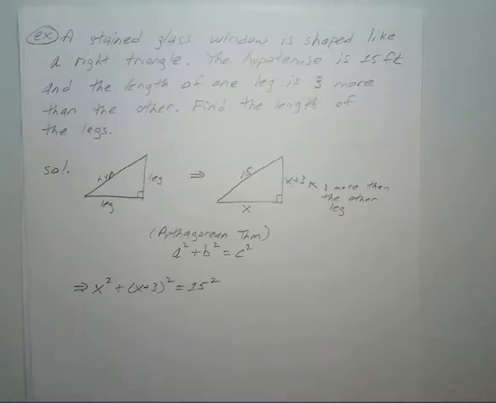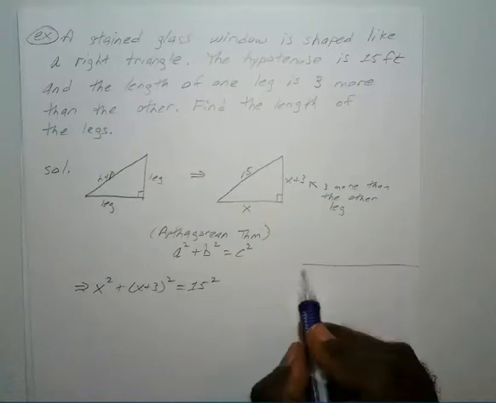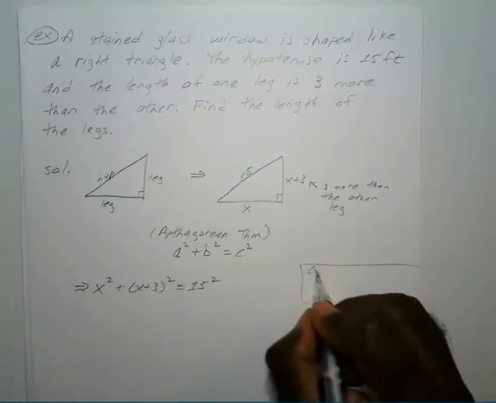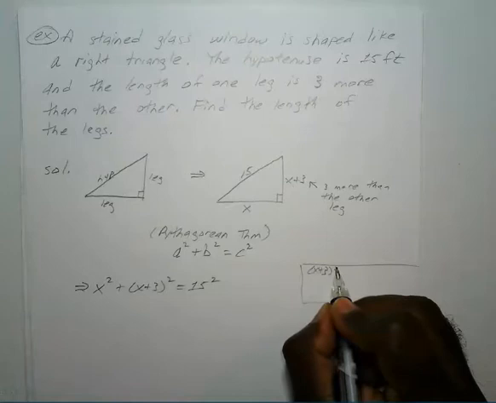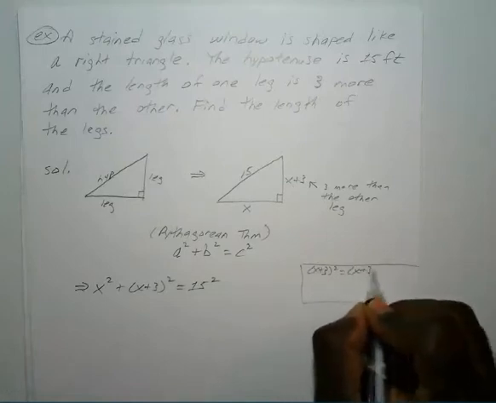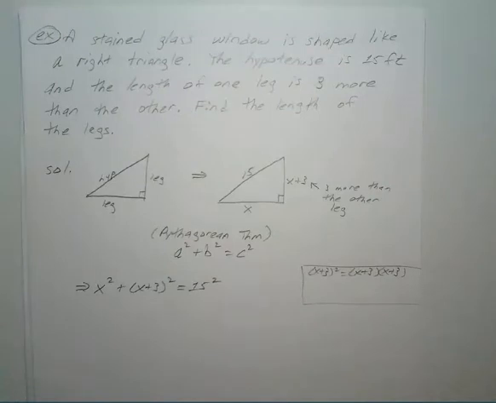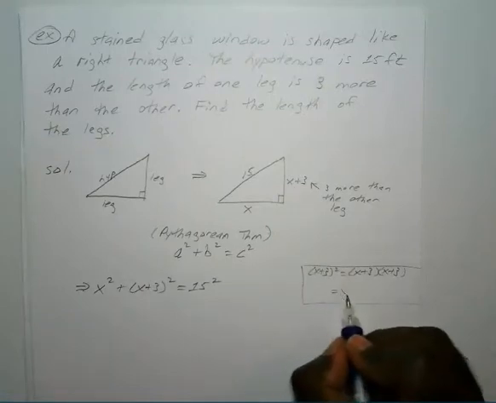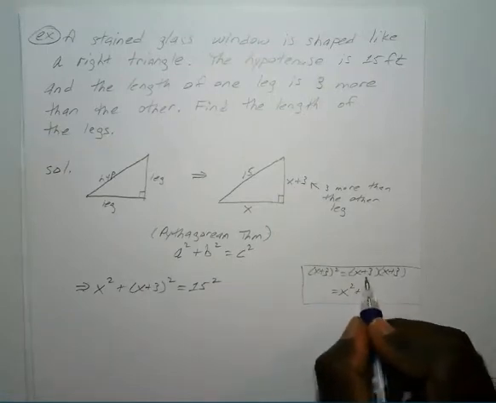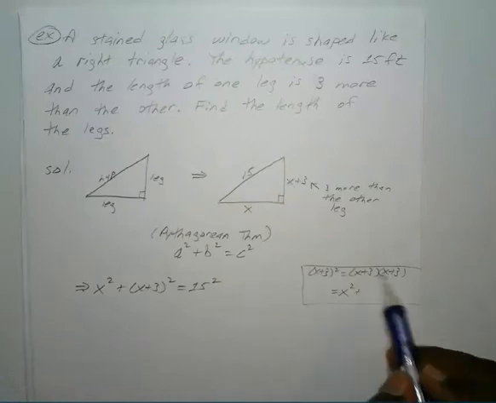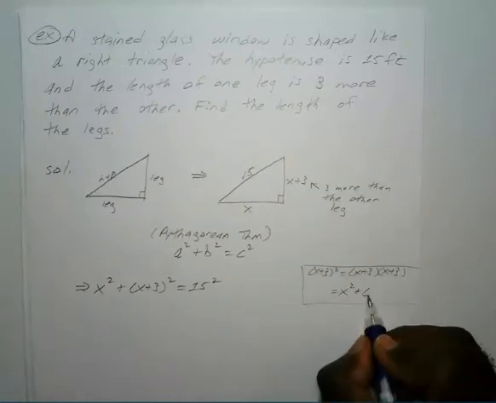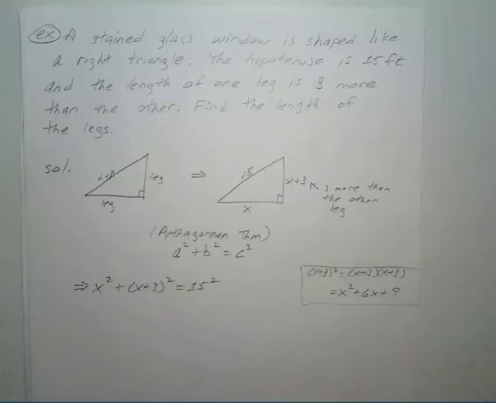Okay, so now first thing we have to do is simplify all of that. So x plus 3 squared is equal to x plus 3 times x plus 3. So that's x squared plus, once you use the FOIL method, x squared plus 3x plus 3x, so that's plus 6x plus 9.